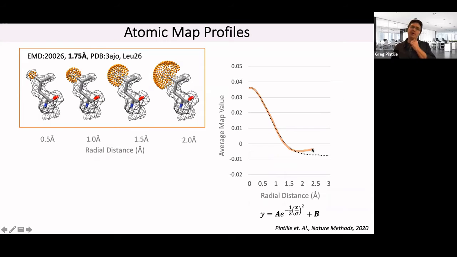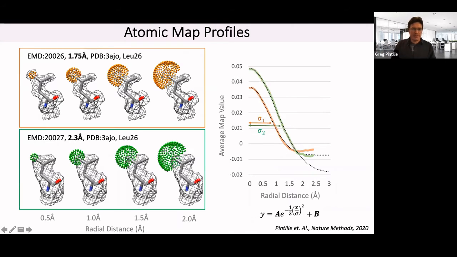It starts to go up again, possibly because of the effect of either other atoms or solvent and things like that. So we parameterize this Gaussian. It has a height, a B, which is the Y offset, and then it has a sigma, which basically represents the width of the Gaussian.